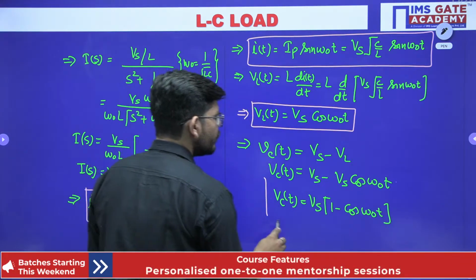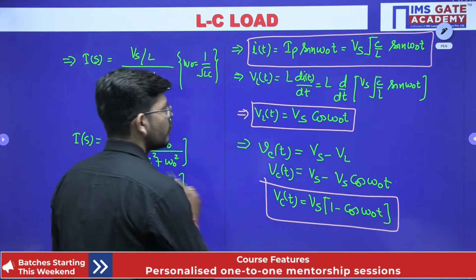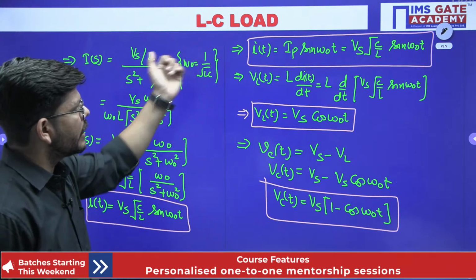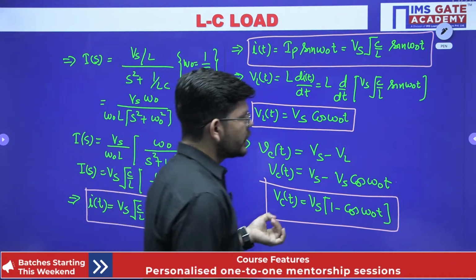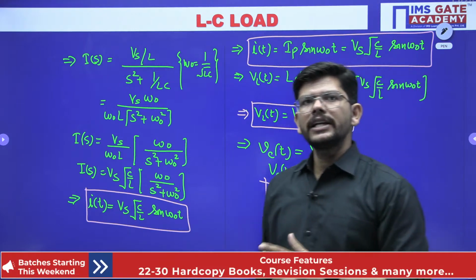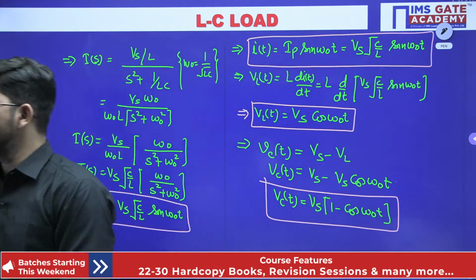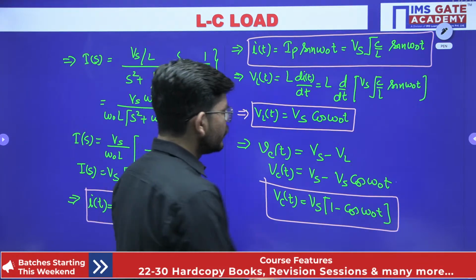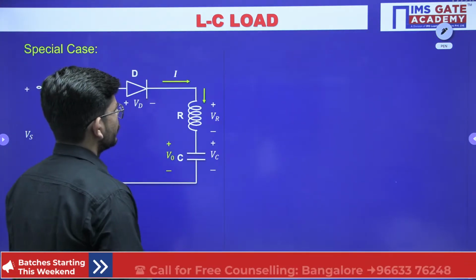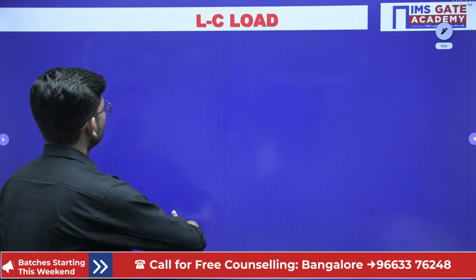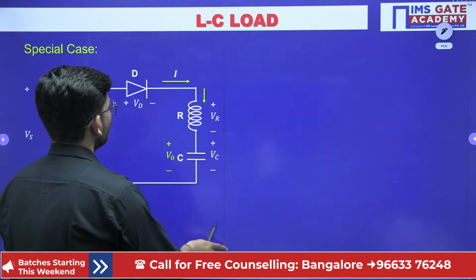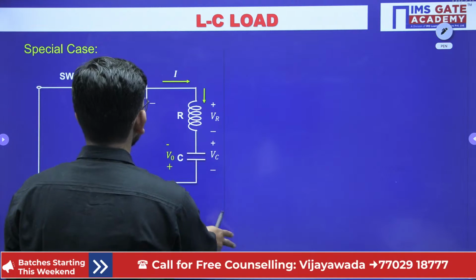So this is my capacitor voltage. The current across the circuit, inductor voltage and capacitor voltage, all these things we have calculated, and I don't think you have any hesitation regarding the calculation of these quantities, isn't it?